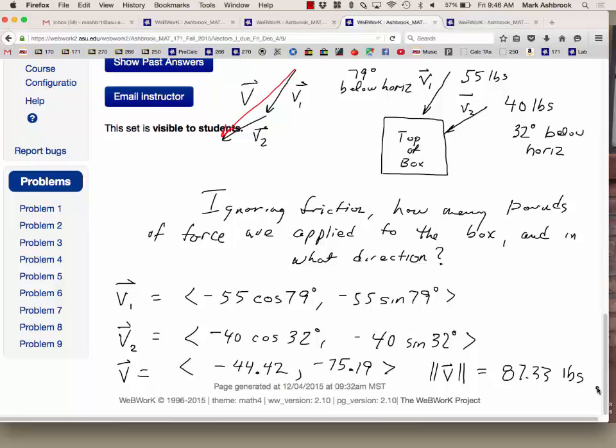And then if we want to get direction, we can use tangent again, inverse tangent. So tangent of theta equals, and we just do 75.19 opposite over adjacent. Theta equals arctangent of that ratio. Anybody got it? Make sure your calculator's set to degrees. We're going to get our answer in degrees.